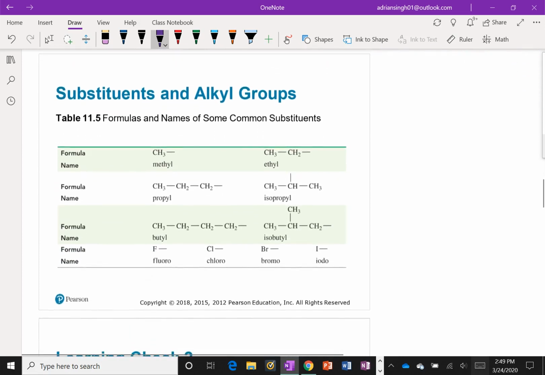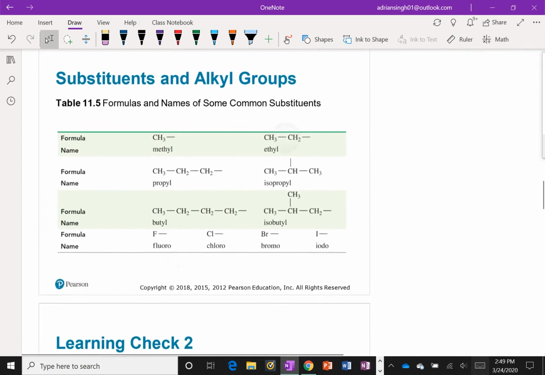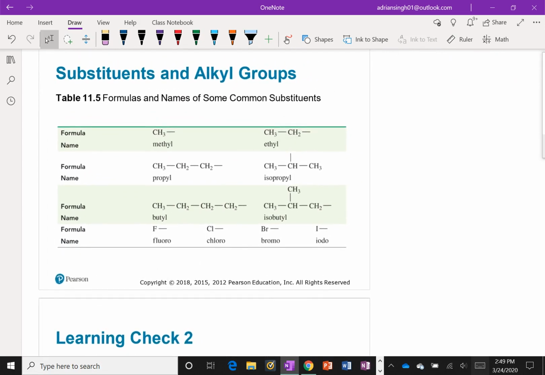All right, so here we have some of the ones that we talked about before, and you'll notice here in the case of methyl, there's our 1-carbon branch. You notice it's not CH4, because CH4 would be methane. Instead, this 1-carbon thing is attached to a longer chain, so that means we need to bond it to something else.